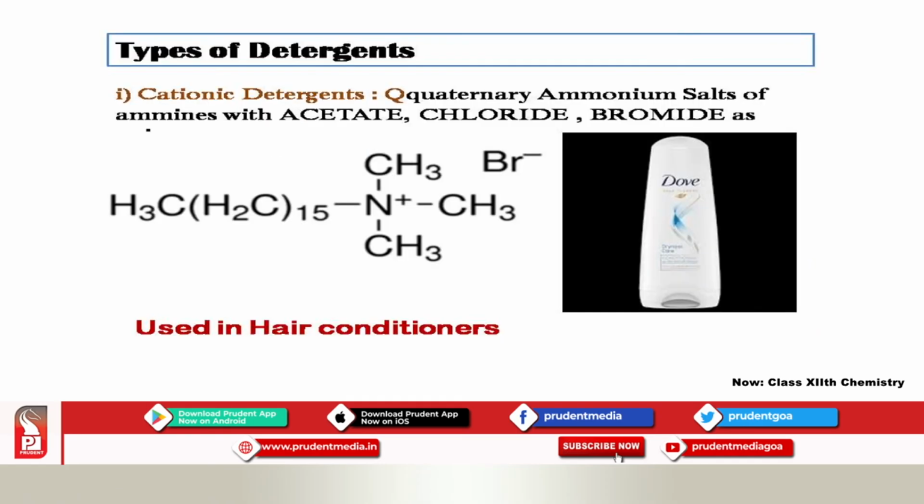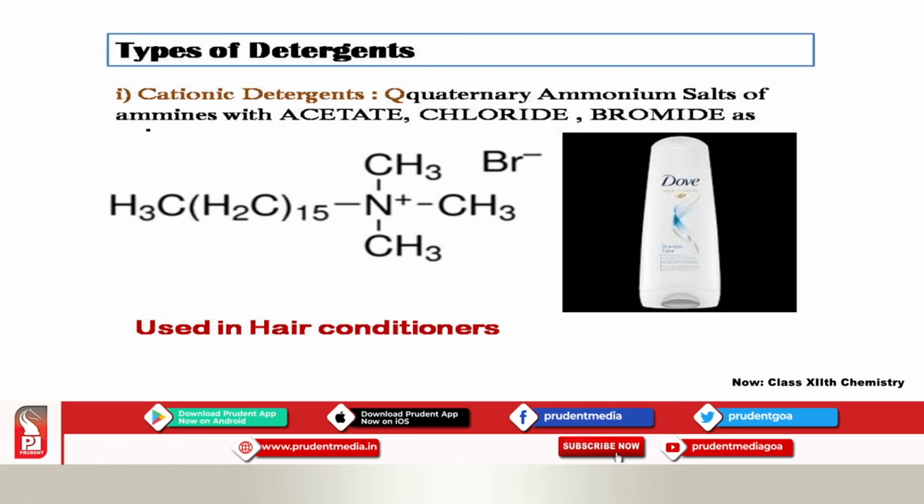We have a classification of detergents based on the structure. First one, cationic detergents. These are quaternary ammonium salts of amines with acetate or bromide as anion.